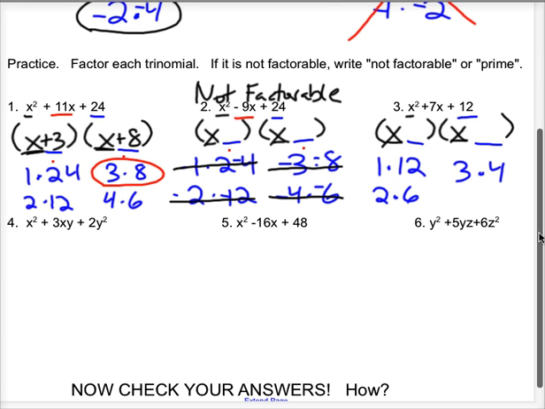And we're looking for those same two to add to give us 7. So looking at our list, we're looking for something that adds to 7, the 3 and the 4. So positive 3, positive 4, and there is our answer.